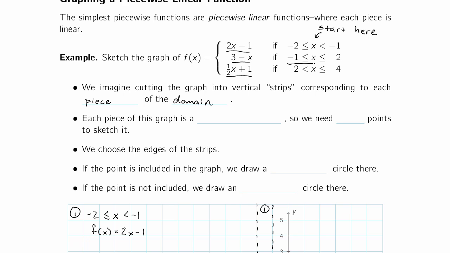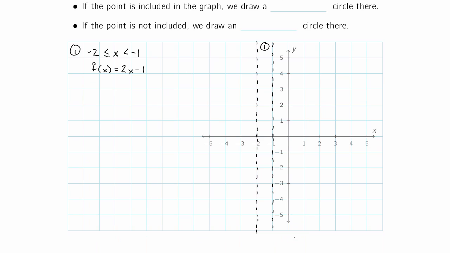My second piece is going to be where x goes from -1 to 2. I've already made a cut in my graph at -1. Now I'll make another one at 2. Now I'm going to leave 2 lines empty here after piece 1 and before I go on to piece 2. But in piece 2, x is running from -1 up to 2.